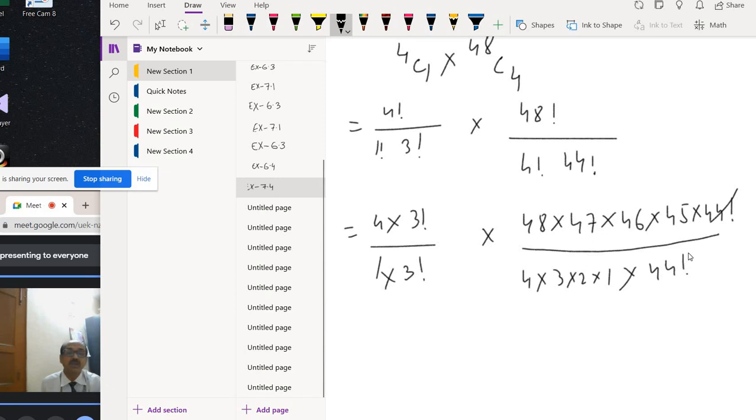The 44 factorials cancel, and the 3 cancels, so 4 also cancels.